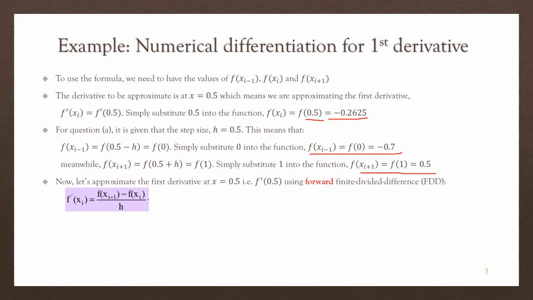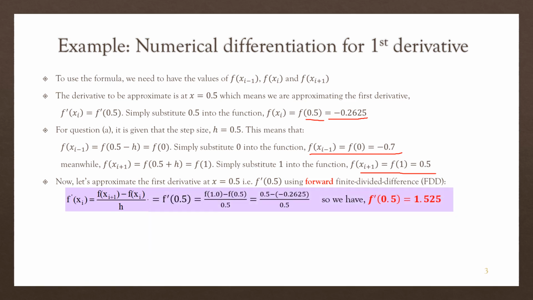So let's start using the forward finite divided difference. Here is again the formula. For forward finite divided difference, we only need two values, the value of the function at xi plus 1, or the value of the function at 1, and we also need the value of the function at xi, or the value of the function at 0.5.